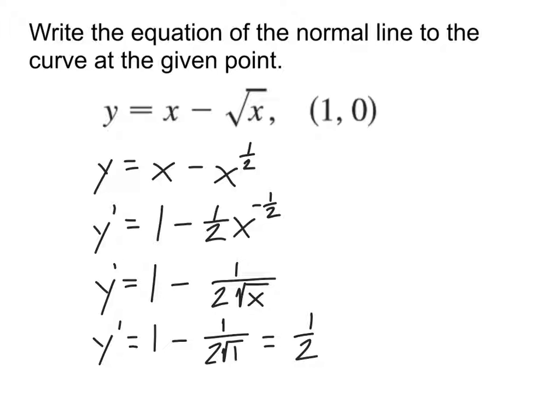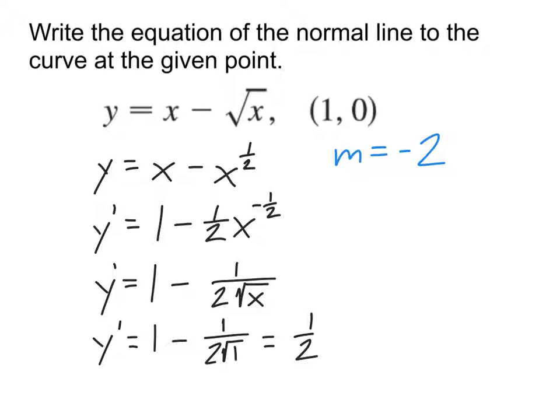So the slope of the normal line, remember the normal line is perpendicular to the tangent line, so the slope perpendicular to the line with a slope of 1/2 is a -2. Because remember, perpendicular lines have opposite reciprocal slopes. So that's what all that work was for. It was just so I could figure out that the slope of my normal line was going to be -2.